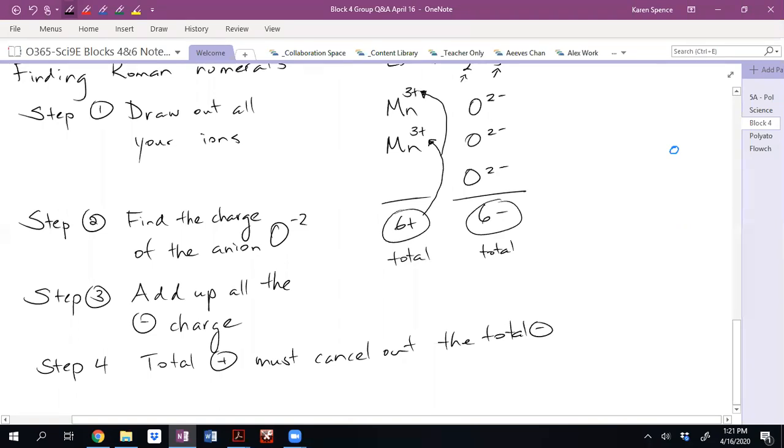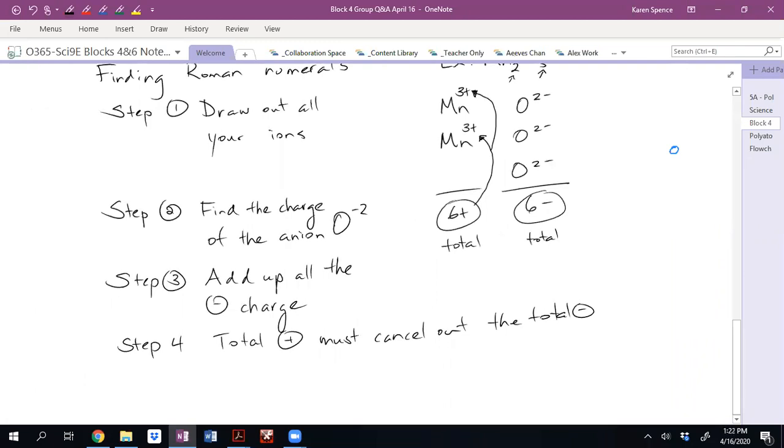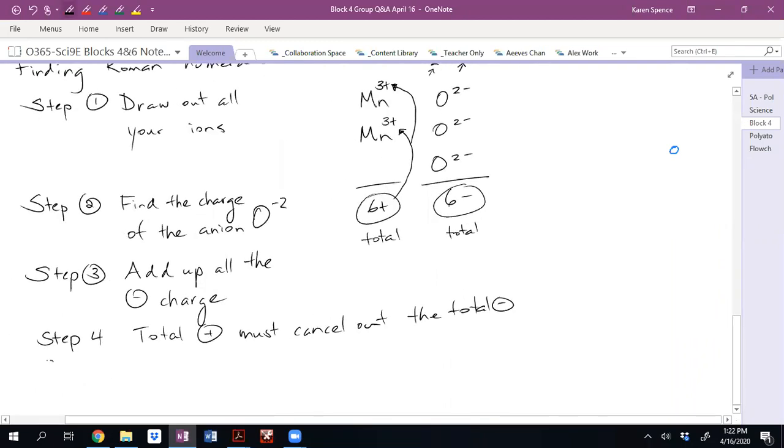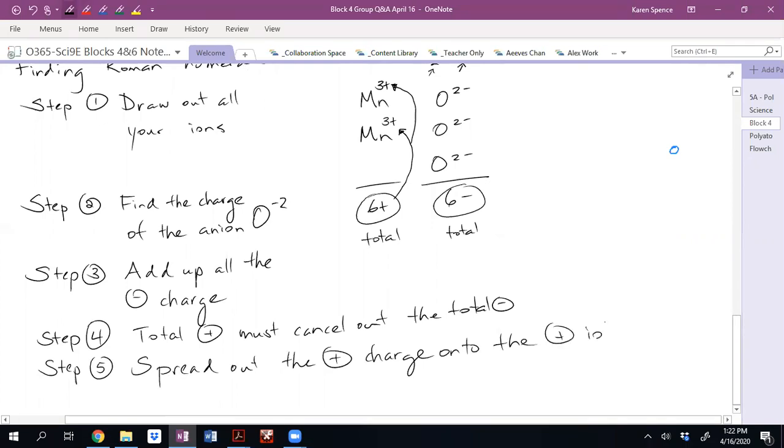So step number 5 is to spread out the positive charge onto the positive ions, spread out evenly. And then step number 6, the charge on a single ion is your Roman numeral.